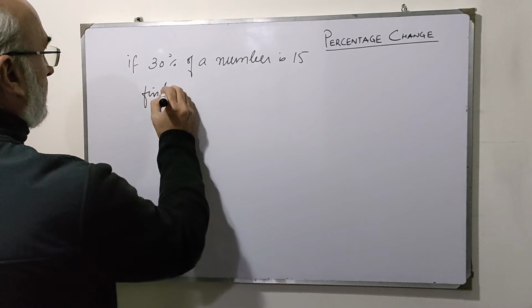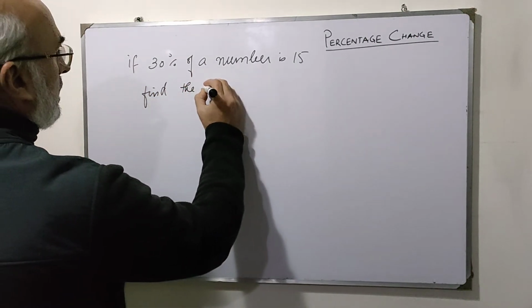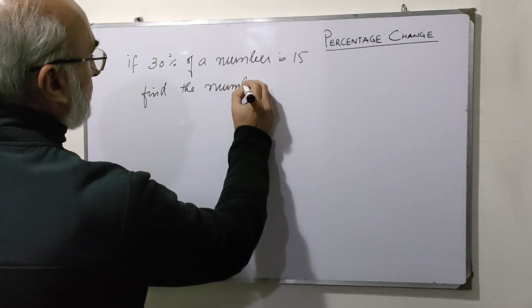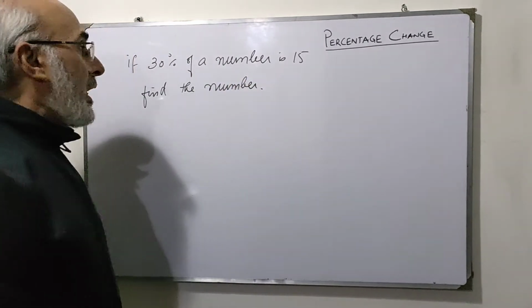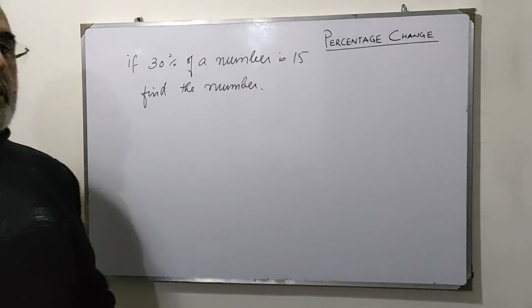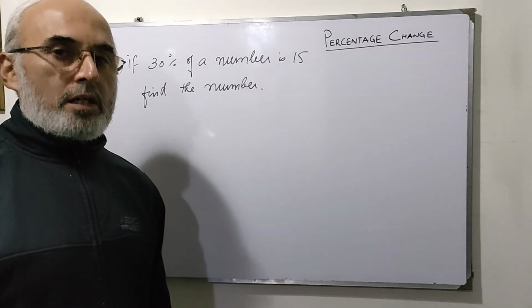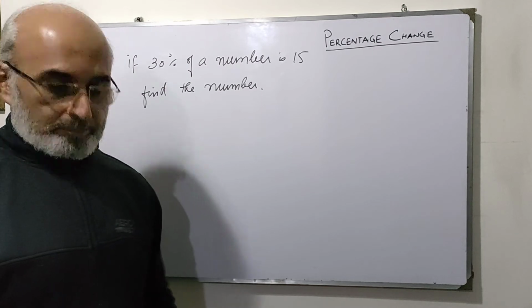Find the number. Okay, if 30% of a number is 15, find the number.